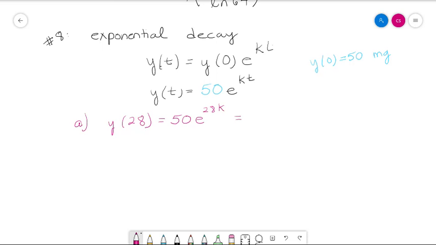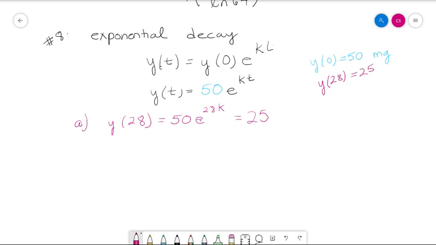If we start with 50 milligrams, after 28 days, half is going to be left. So how many milligrams are we going to have? Half of 50. We're going to have 25 milligrams. Using that fact, now we have one equation and one unknown, so we can solve this for k.